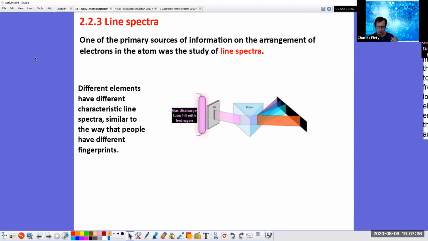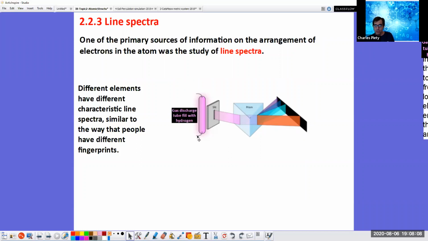What does that mean? Okay, well, basically what Niels Bohr did, people knew before they even knew about the structure of the atom, they knew that the sun was mostly hydrogen and helium. And that's pretty amazing that they figured that out. And so what Bohr did, which was amazing, is he took a glass tube and he filled it with hydrogen. And then he did what any curious person would do.